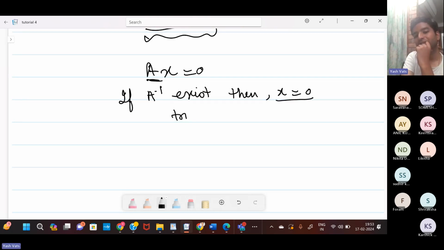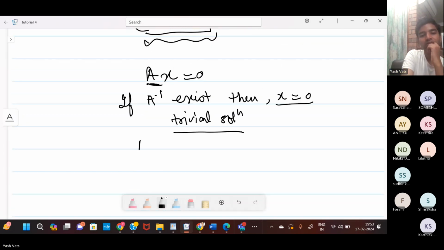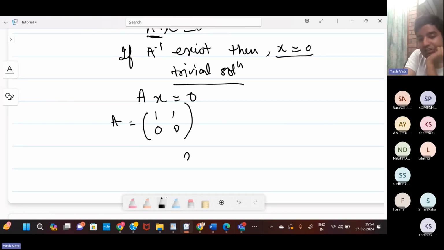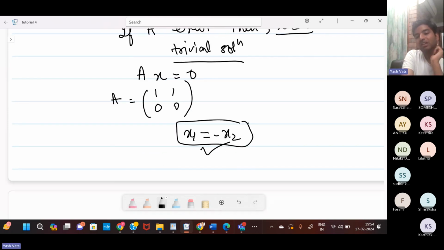So the trivial solution. But if A inverse does not exist, then you can't guarantee that. Because in this example, if you take B to be 0, then what are the solutions? Any X1, X2 which satisfy this is a solution of the equation AX equals 0. So it's not trivial, right?